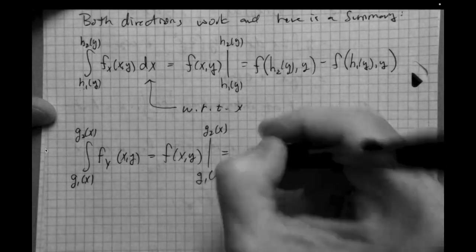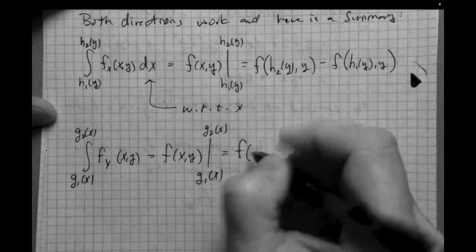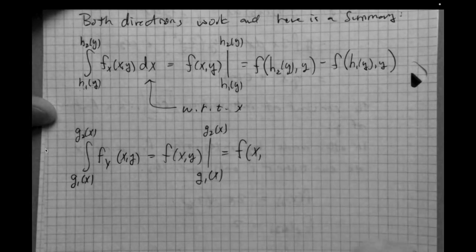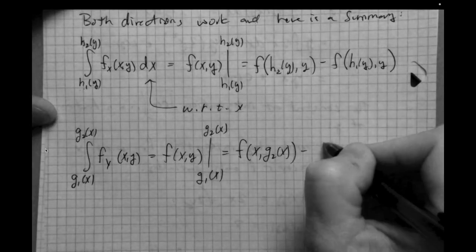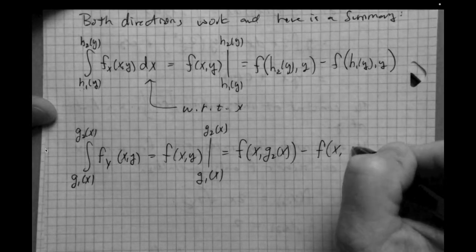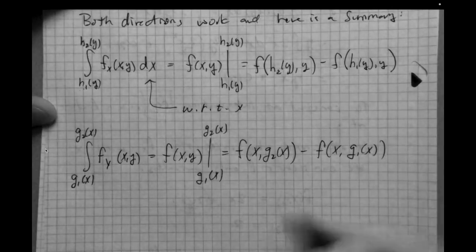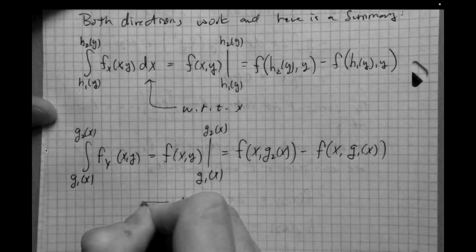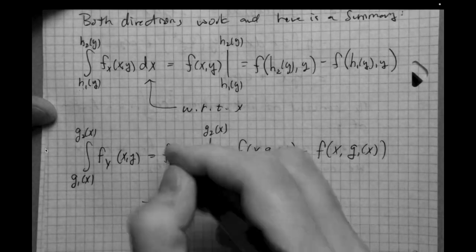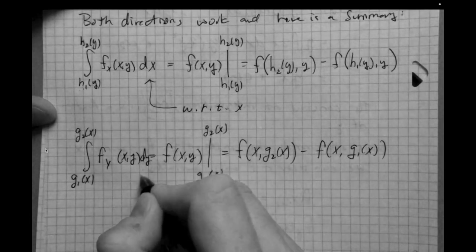And what gets spit out here is f of x, comma, the upper bound, g2 of x, minus f of x, comma, g1 of x. And again, this is with respect to y.